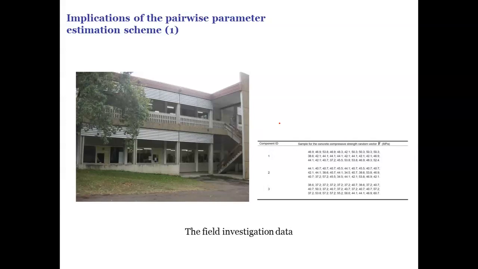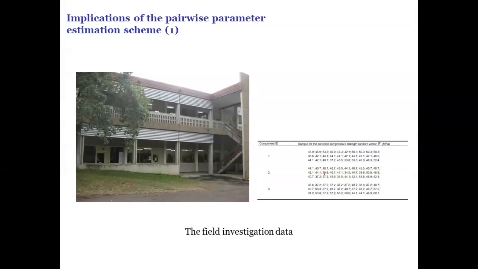this study. In this study, we carried out a field investigation for this 2-story building. The building was built more than 40 years ago. We carried out the structural appraisal with respect to the building, and the results are listed here.